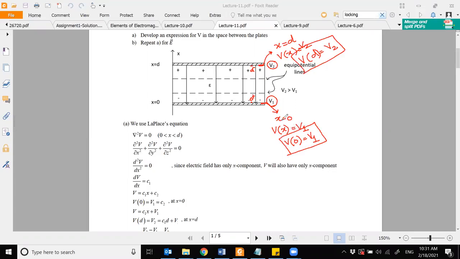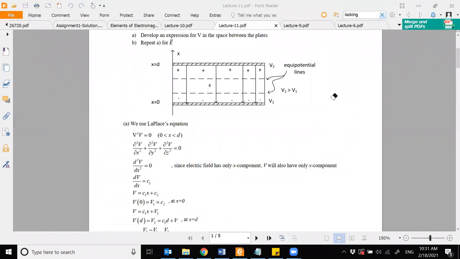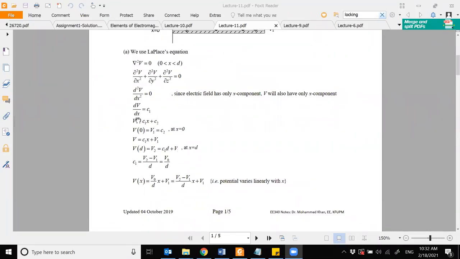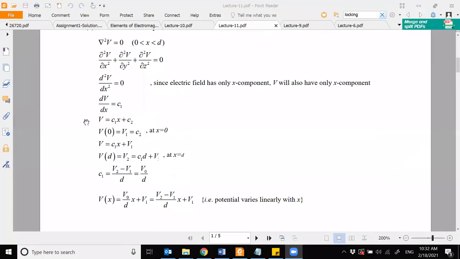So these boundary conditions I can use to solve and get the C1 and C2 values. If you see here, if I put x is equal to 0, what will I get?